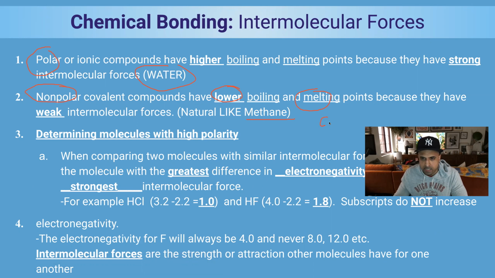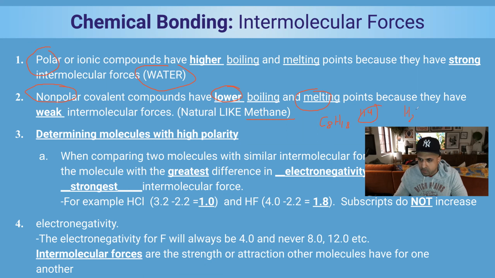Octane is C8H18. And if I do my math correctly, 8 times 12 is 96, plus 18, that should be about 114 atomic mass. So it weighs 114.